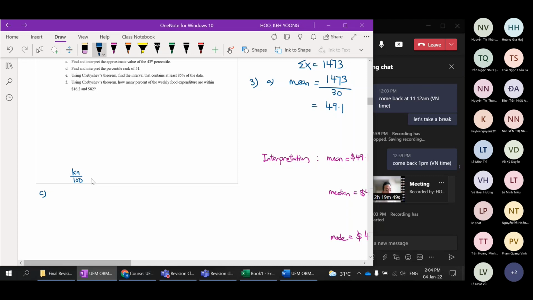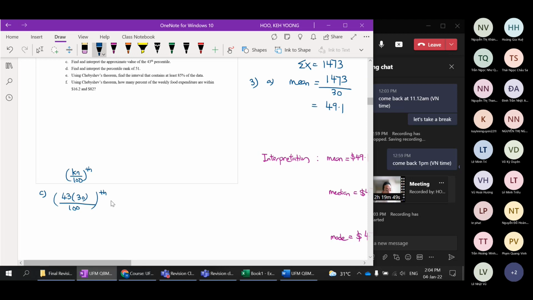Right now K refers to the percentile mentioned by the question. So for the 43 percentile, you substitute K equals 43. N is the sample size. Right now the sample size is 30, divided by 100.